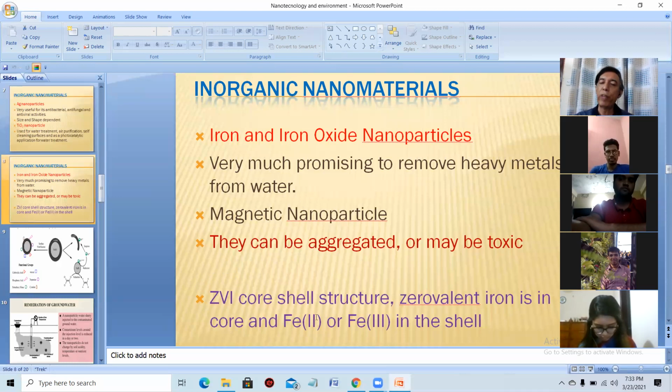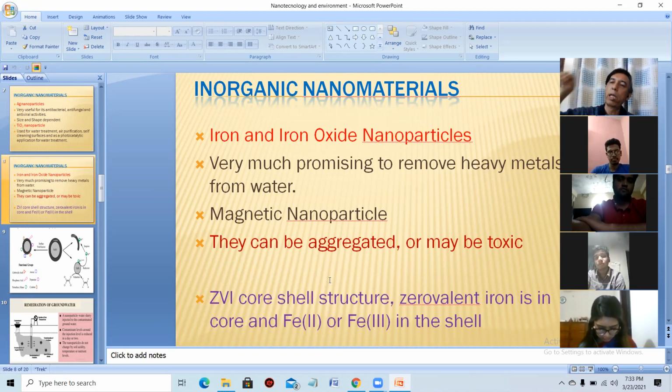In this zero valent iron core shell nanostructure, the core is iron molecule with zero, Fe0, oxidation state 0. The core will be iron molecule with oxidation state 0, and the outer shell has iron molecule with oxidation state 2 or 3.